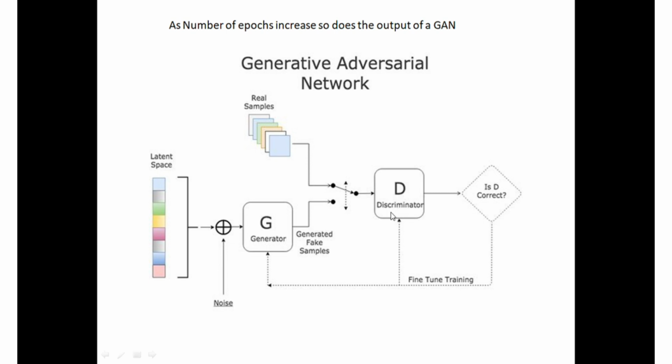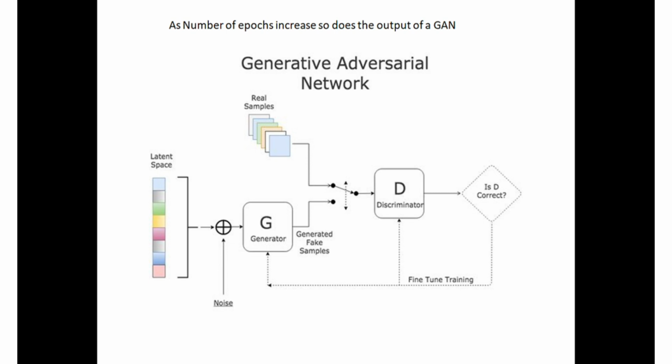It says to the generator to fine tune this image and then again provide another sample, and then the generator provides another fake sample, and then the discriminator will compare those samples with a real world sample to decide whether the image is correct. So this process continues until the output of GAN is fine tuned, until the probability of the image being real inside of a discriminator is high.